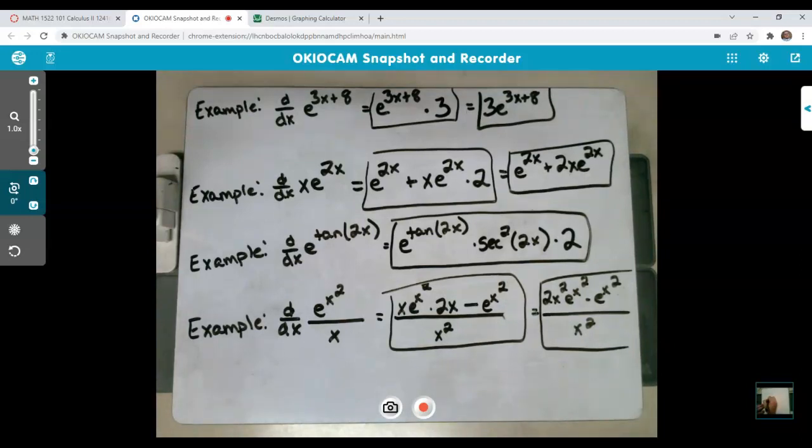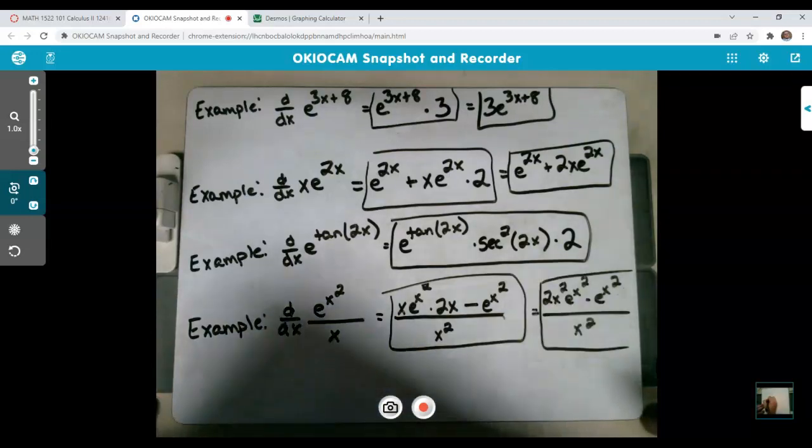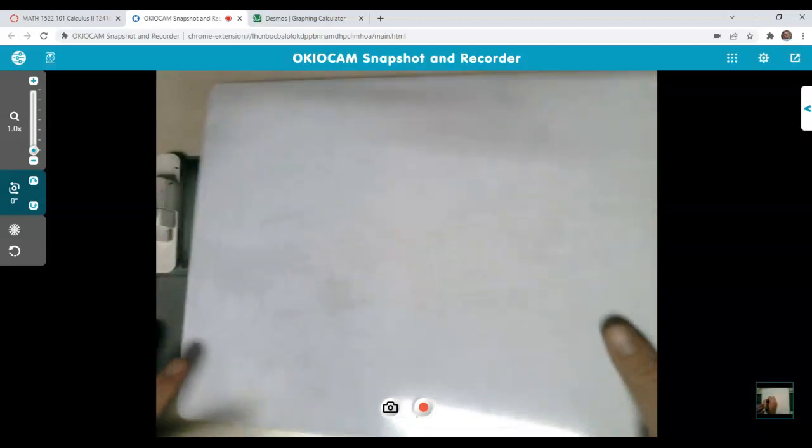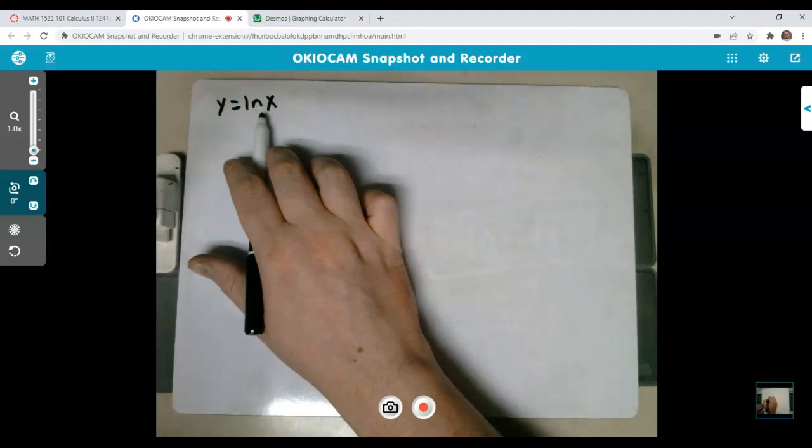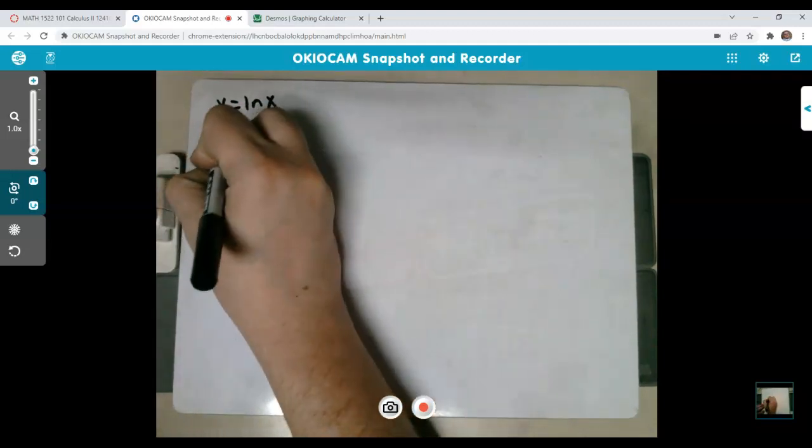All right, so we've done e. Now let's look at the natural log. So now we're going to find the derivative of the natural log. So remember, if I let y be equal to the natural log of x, this is e, because this is base e.